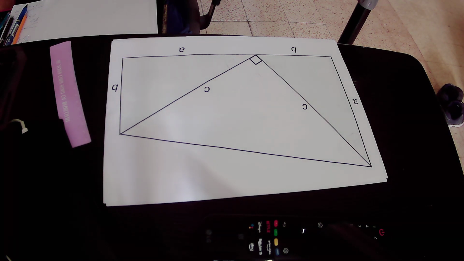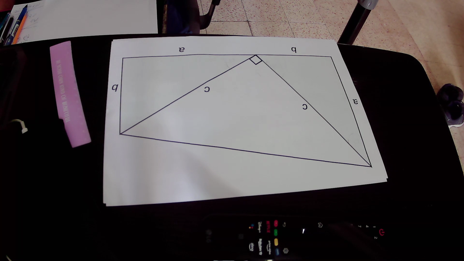And also the angle between side A and side B in the right triangle is equal to the angle between side B and side A in the left triangle. That is to say, it is 90 degrees.